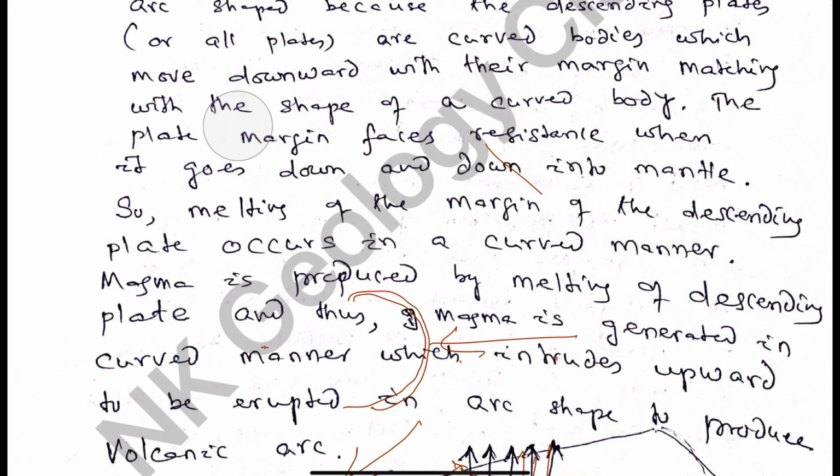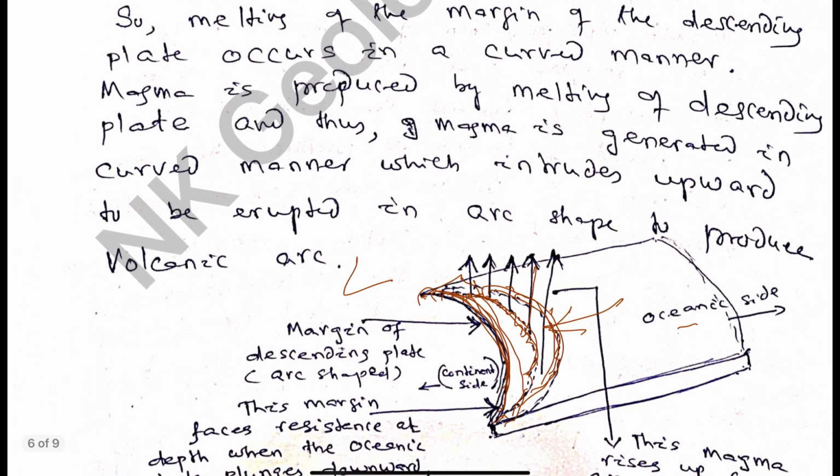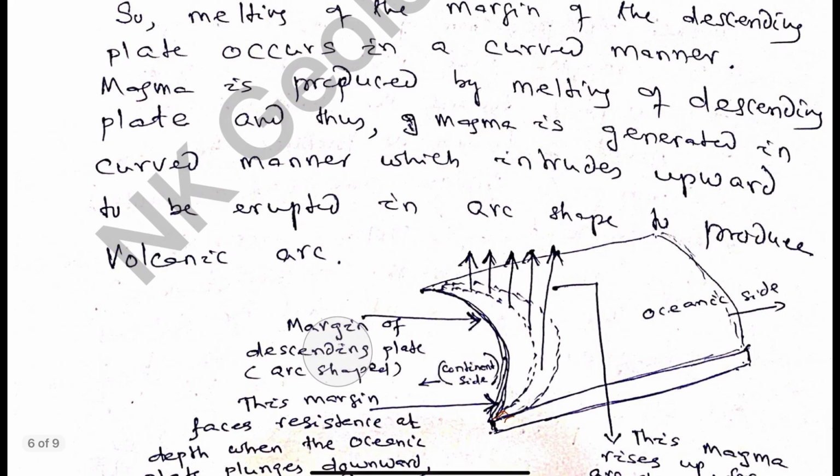Because we know the lithospheric plates are not planar bodies, they are curved bodies. And these curved plates are moving over the asthenosphere, and they are facing subduction in the convergent boundary zones.